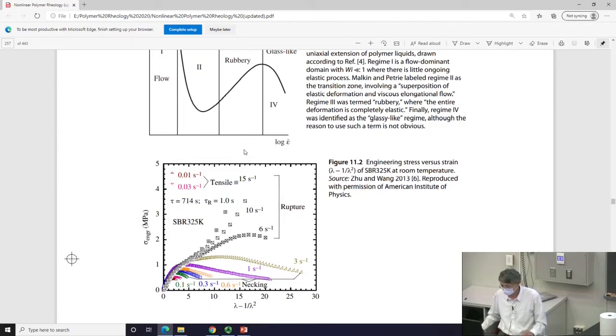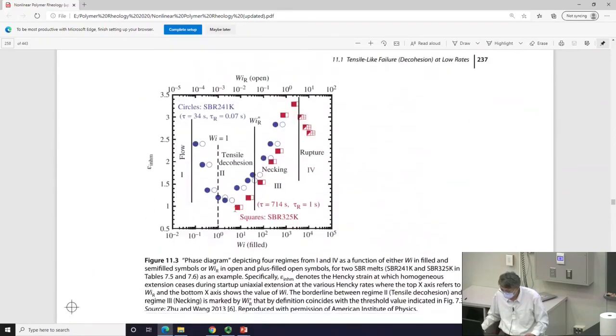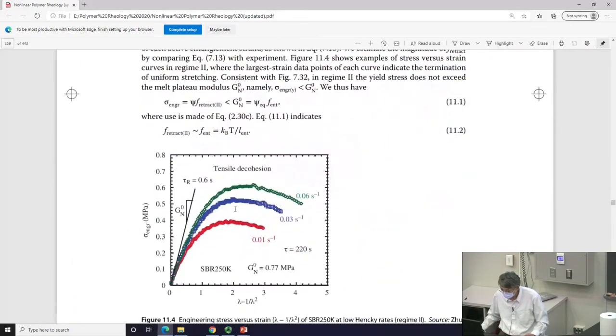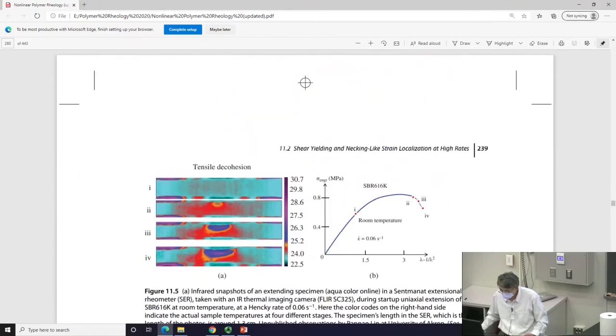So for example, regime 2, yeah, the sample breaks very abruptly. Here's the example of regime 2 from the book. This was a profile done using an IR camera. It's just to allow us to track it more easily. In other words, as you stretch, your polymer melt actually heats up a little bit. And this is a rubbery polymer.